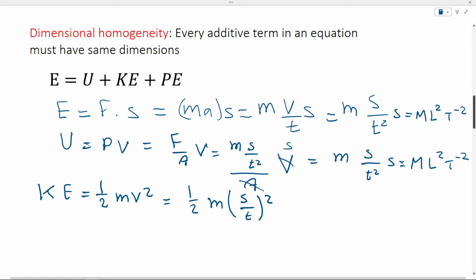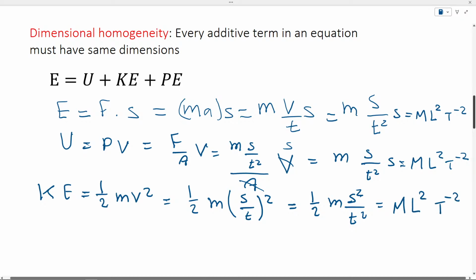That will give me the same thing we've seen: half m s squared over t squared. That's what we got here. So what is the dimension of the half? Nothing, just 1. So that is m L squared t to the minus 2.